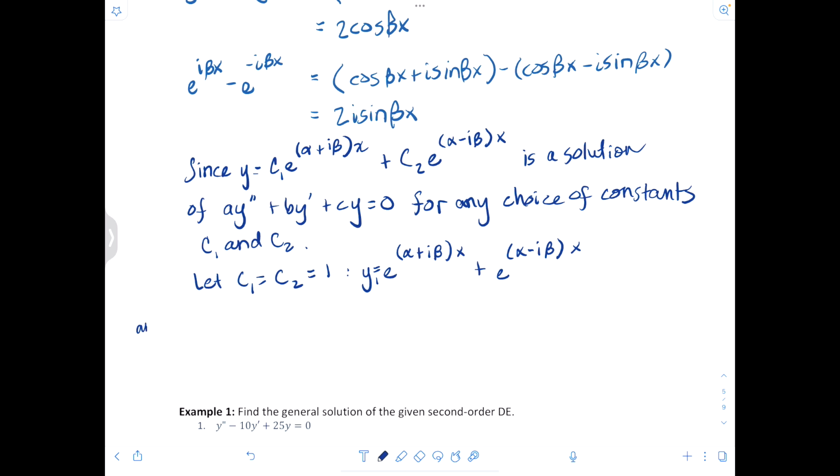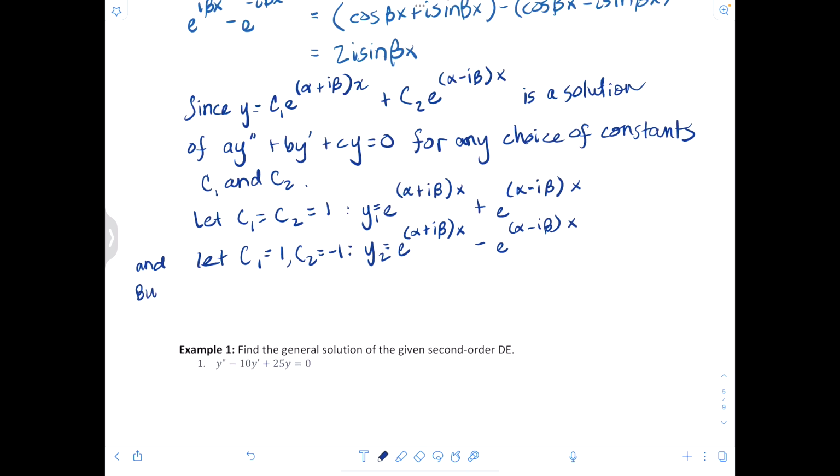And for the other one, we can let C1 equal to 1 and C2 equal to negative 1. Well, that's going to give us y2 equal to e to the alpha plus i beta, all that times x, minus e to the alpha minus i beta times x.